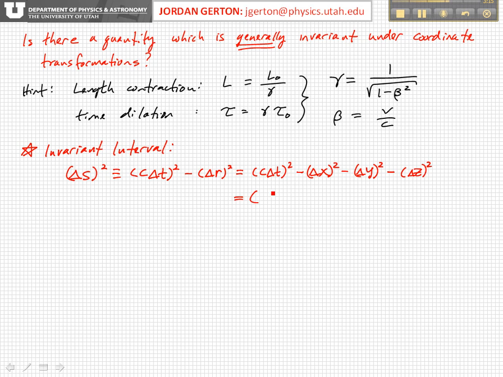Then what I claim is that it's invariant. That means that in any other coordinate system, like some generic prime coordinate system, you would have delta s prime squared, and it's equal to delta s squared.